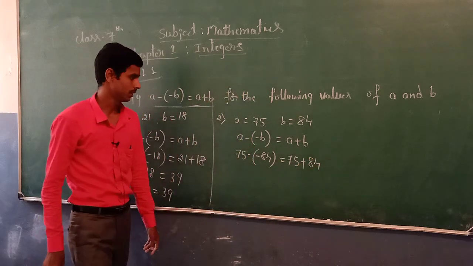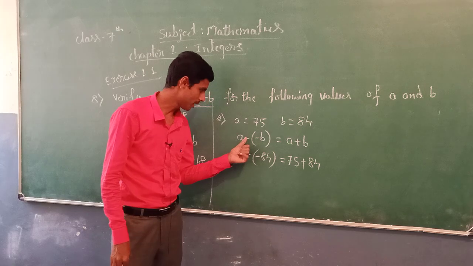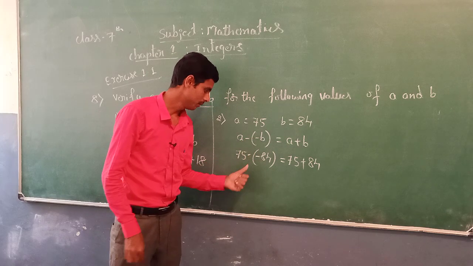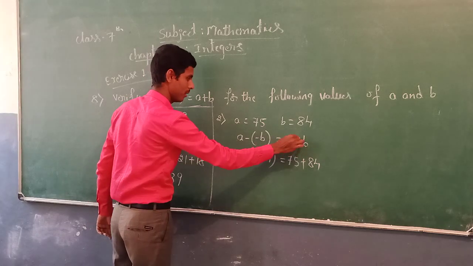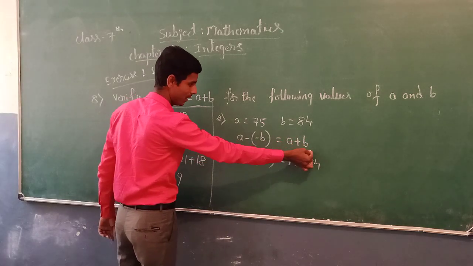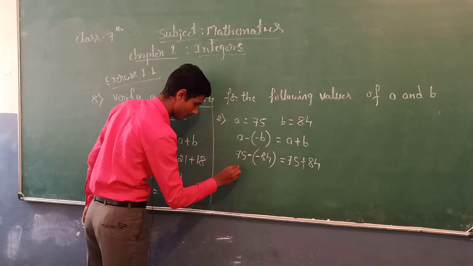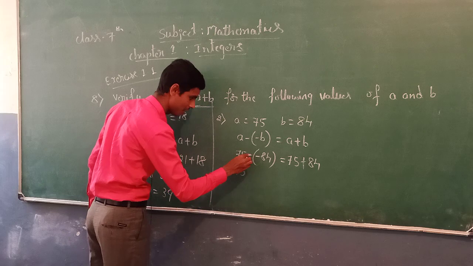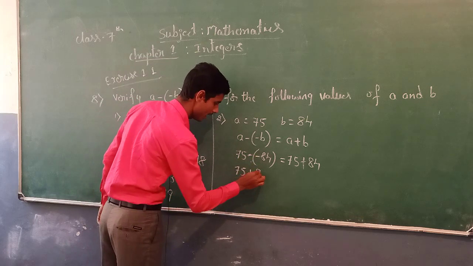Just we have substituted the values of A and B. Wherever the sign is there, we have to write. So plus becomes plus, value of A is 75, B is 84. We will remove this bracket, 75, so minus of minus, minus into minus is plus 84.